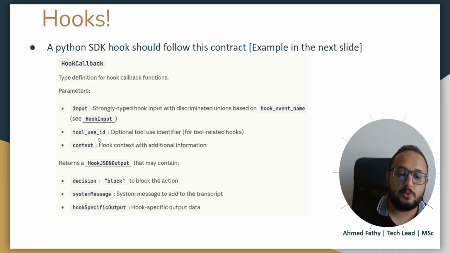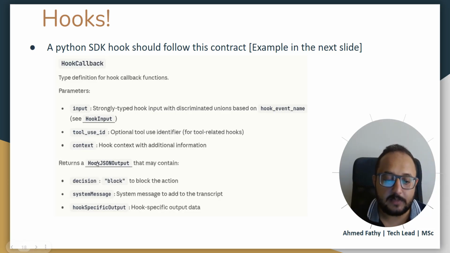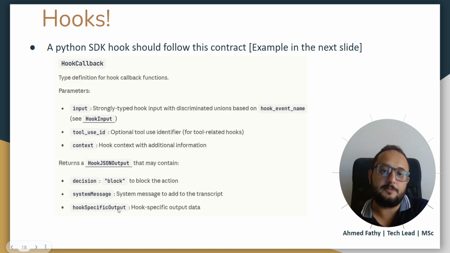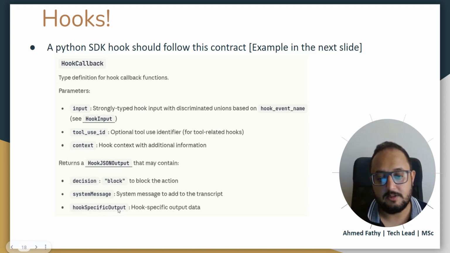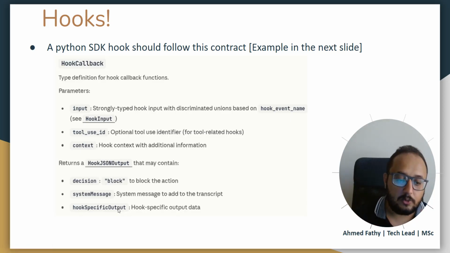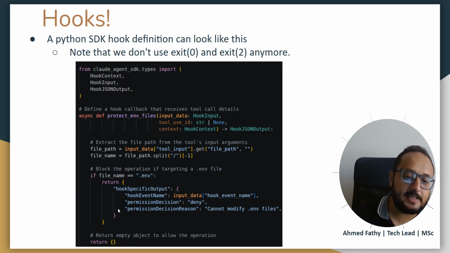And then you also have tool use ID and context. From the hook, you are expected to return a hook JSON output, and we will see that as well. This one can have a couple of keys, like a decision, a system prompt, and a hook specific output, which is another JSON. So it's a little bit complex, but using the documentation, you will find out how to use that. But this is one example.